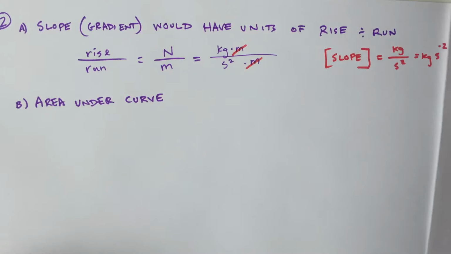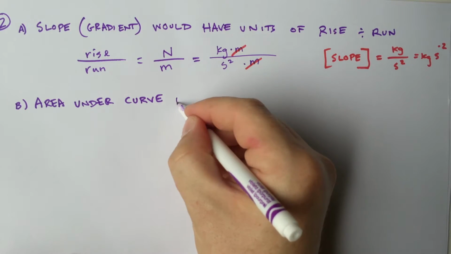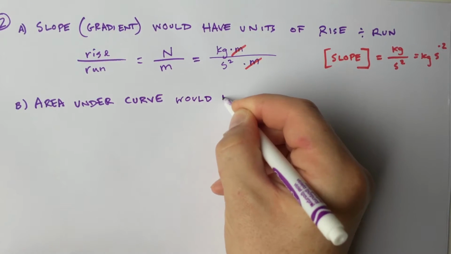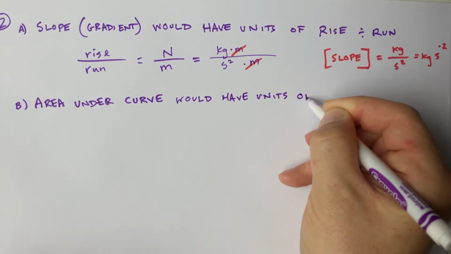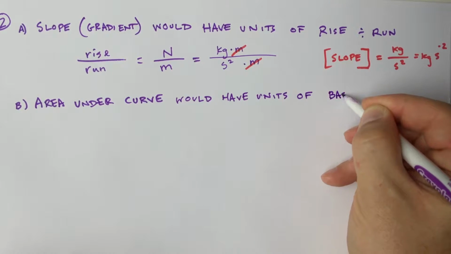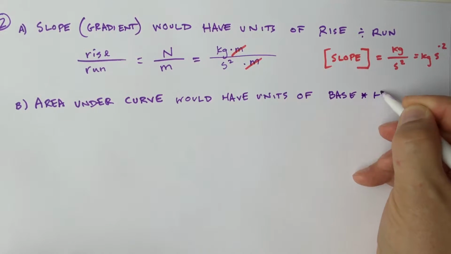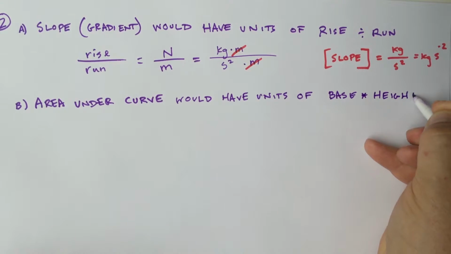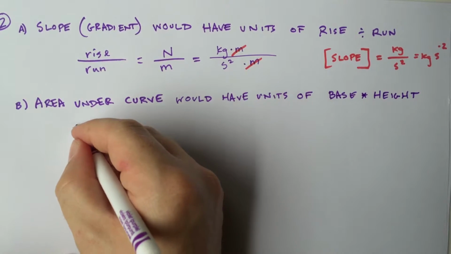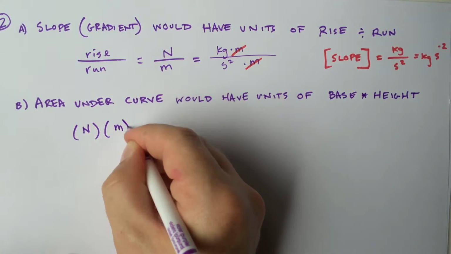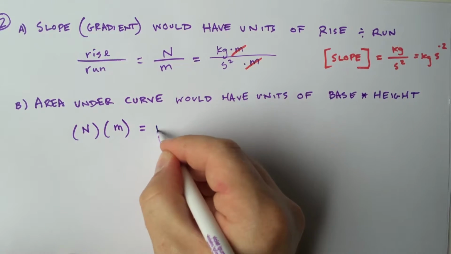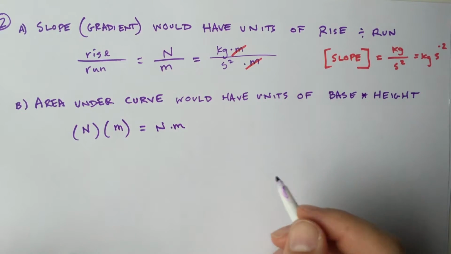So my units of area, I'm going to have some number of newtons times some number of meters, and that's a newton times a meter.